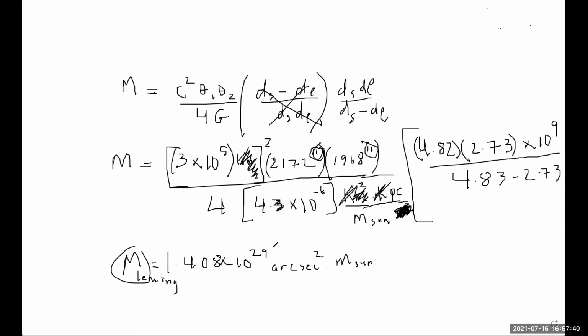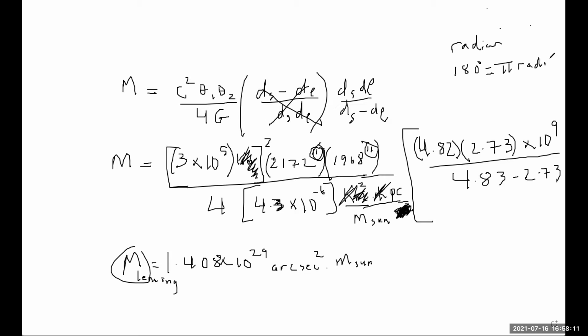But we need to convert arc seconds to something that is unitless. So the way to do that is to convert arc seconds back into radians to make it unitless, okay? Because the radian is actually a unitless quantity. 180 degrees is pi radian.